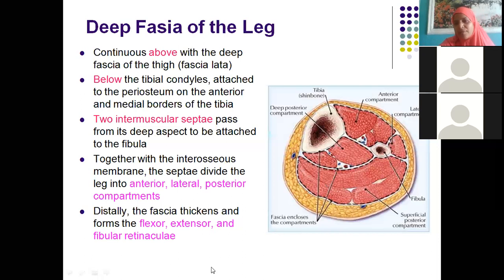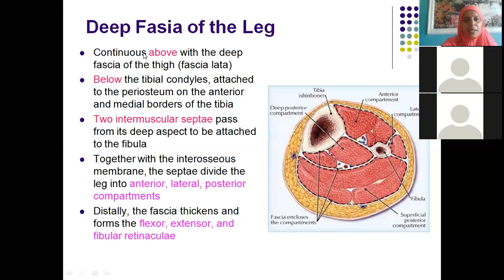The tibial nerve supplies the posterior compartment of the leg, whereas the common peroneal divides into two, superficial and deep peroneal nerve, isn't it? Superficial will supply the lateral compartment, deep peroneal will supply the anterior compartment of the leg. So this is the summary of what we are going to discuss today, and now I am going to elaborate this in detail.